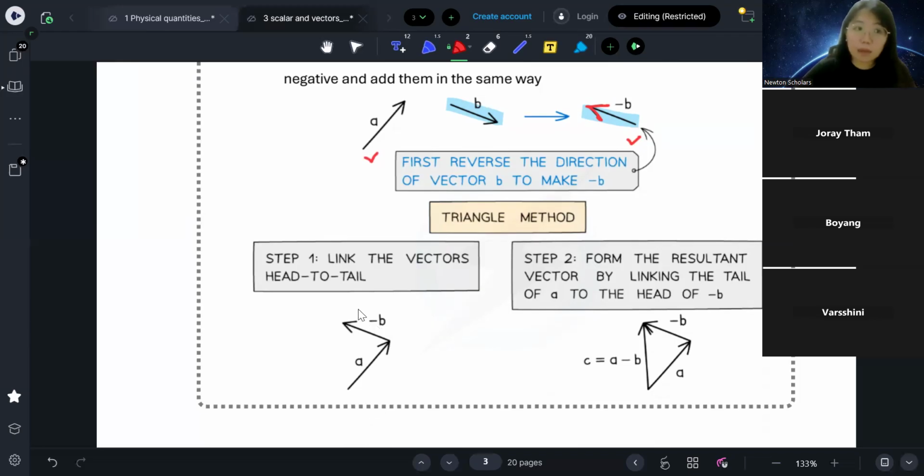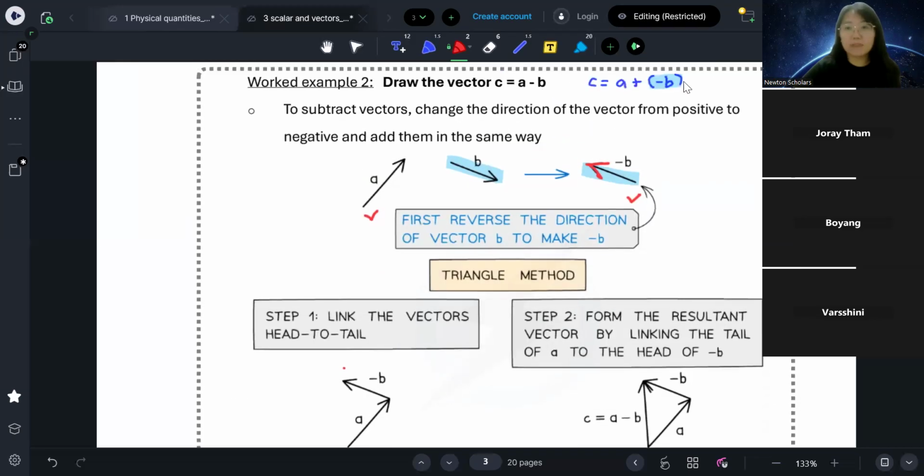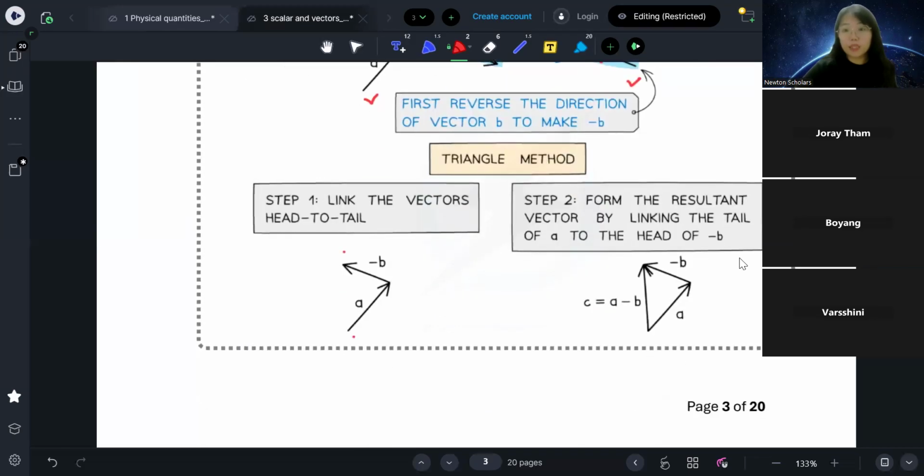Then we join it up together. From starting to ending, draw a line. That is our resultant. Actually it's just a little bit new for you: change direction, negative B, we change direction.